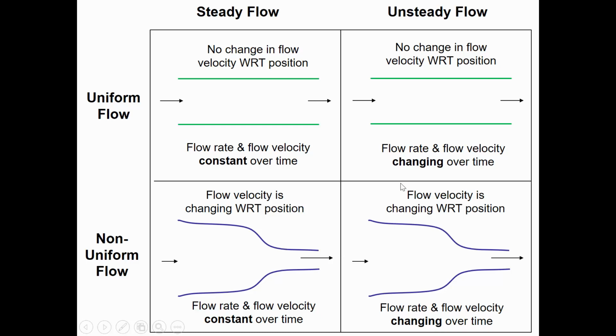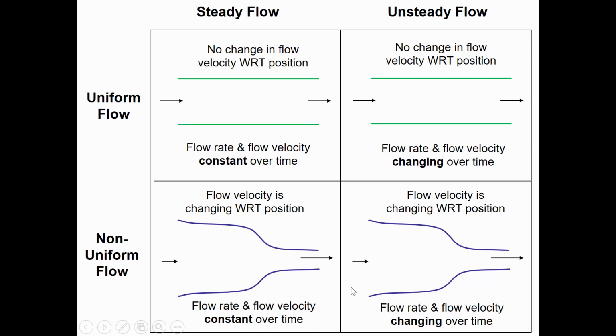But the most complicated case is when you have 2 kinds of acceleration happening simultaneously. You can have the fluid accelerating both because the flow conditions are changing over time, and the flow can also be accelerating with respect to position. So if you have a contracting nozzle, which accelerates the flow as it goes from left to right, but what if you're also opening up a nozzle and increasing the velocity over time?